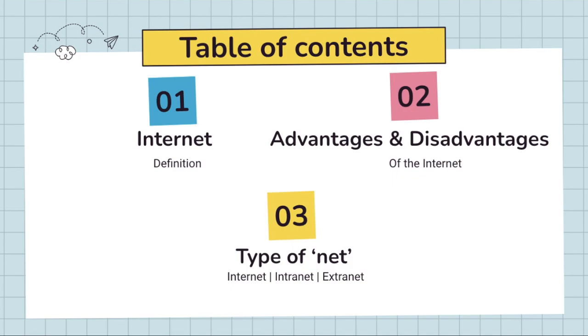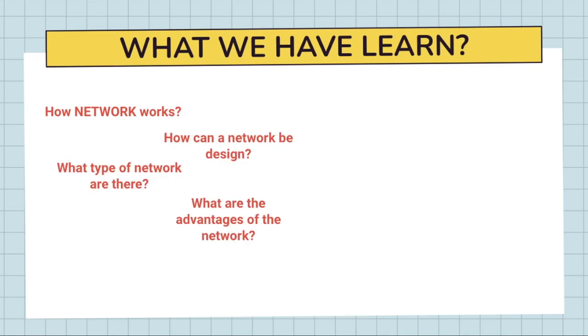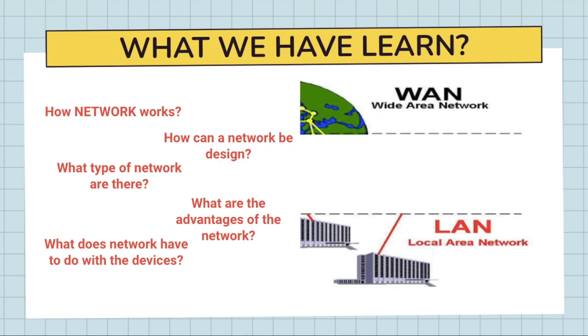So what have we learned? For the past 3 weeks we have learned about networks, how networks work, what types of network there are, and so on. Just last week we learned how computers are connected to local area networks and wide area networks.